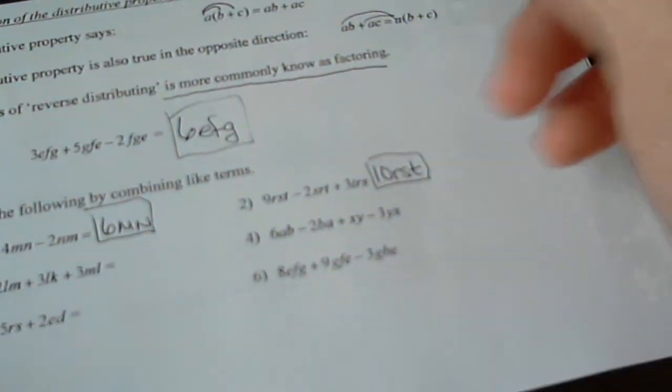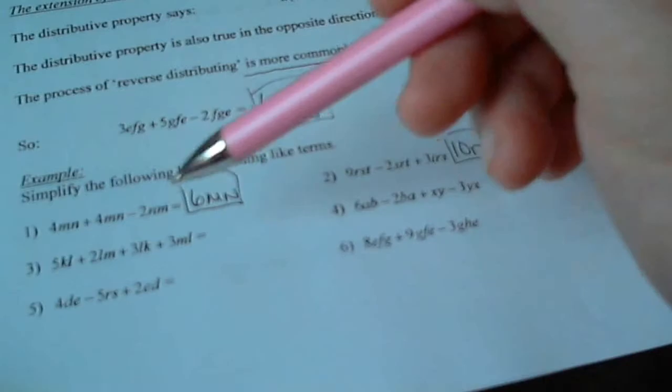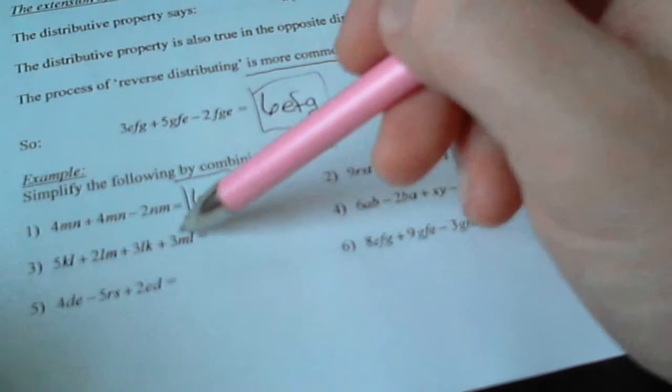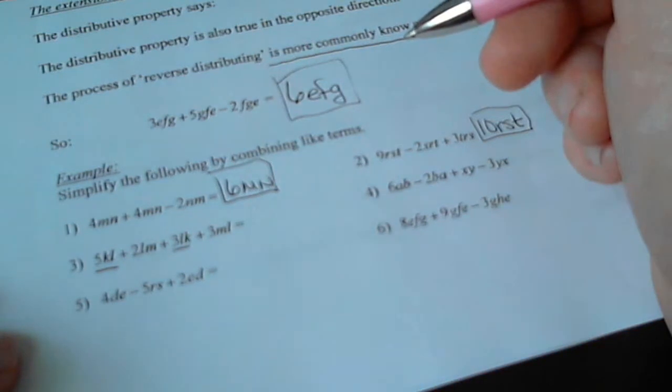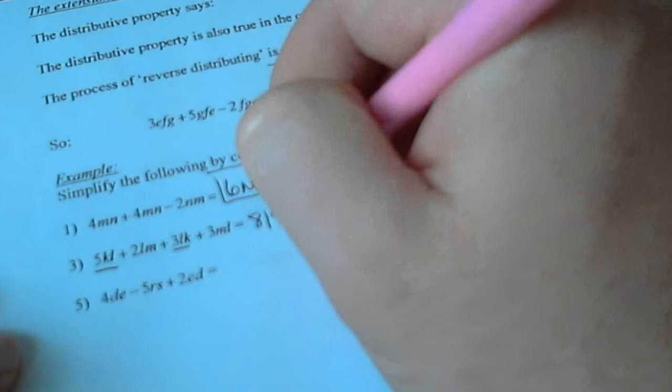Let's try one more example, and then you can do the rest on your own, and we'll start with 4, 5, and 6 in class. But let's go ahead and try number 3. 5KL, 2LM, 3LK, 3ML. Well, notice that we have KL and LK. Those go together. 5 plus 3 is 8 KL.